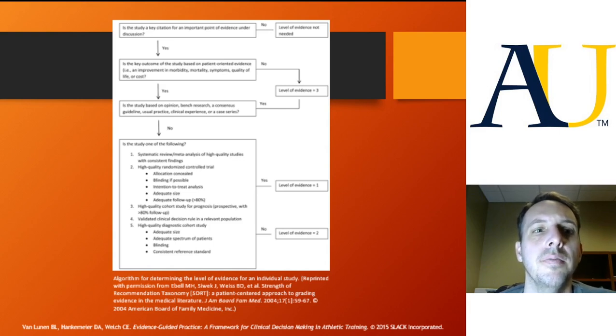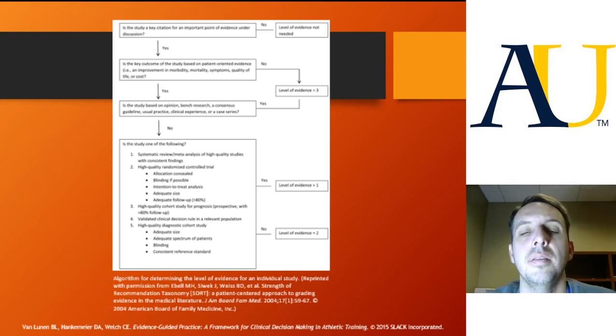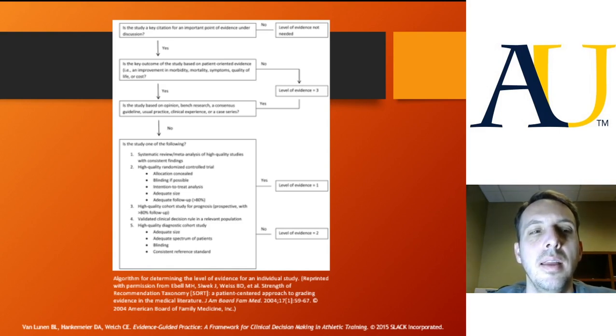You would start first and foremost with whether or not there is even a need for a level of evidence to be given for a recommendation. Some types of articles aren't really appropriate for the purpose of using for evidence, and so you wouldn't need a level of evidence for them. But then you ask the question: is this patient-oriented or not? And if it's not, then it's level 3.